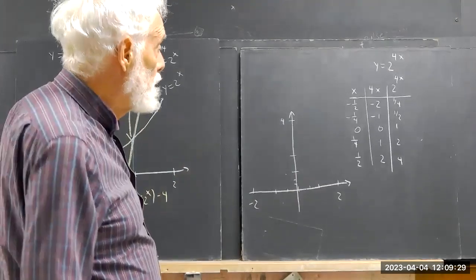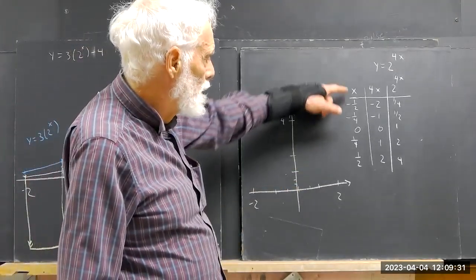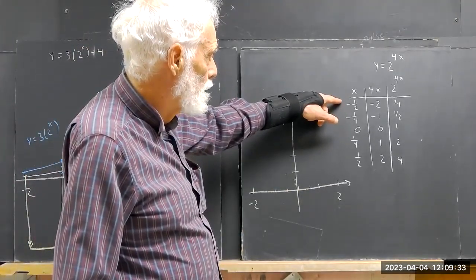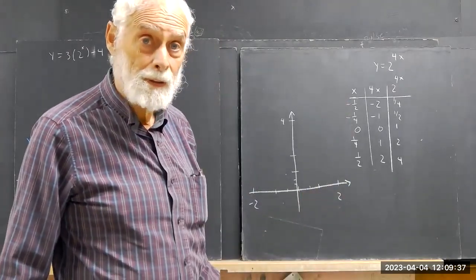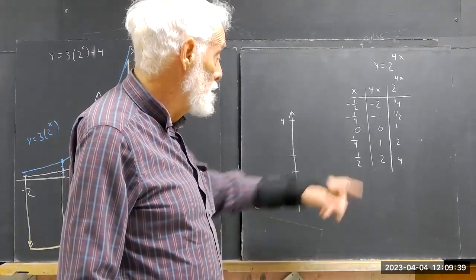Now, we need x values like -1/4, -1/2. The biggest x values we get are going to be 1/2.